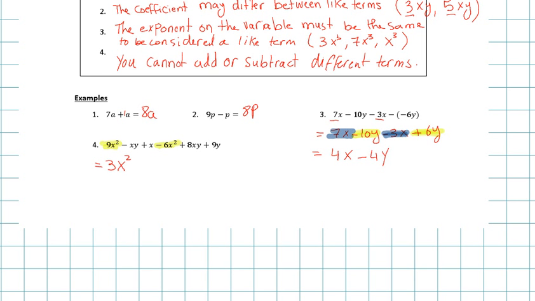Another set of like terms. What would it be? So what's like term to negative xy? 8xy. So you have negative xy plus 8xy. What do we end up with? Plus 7xy.